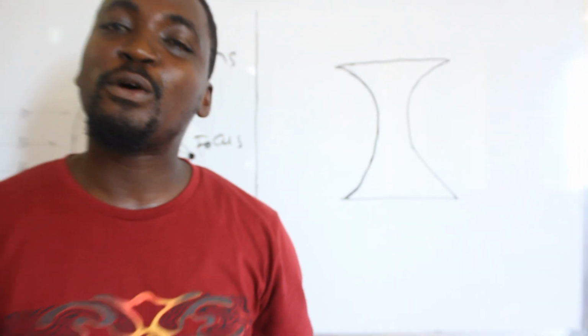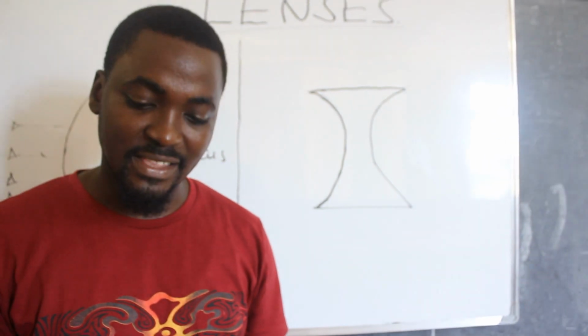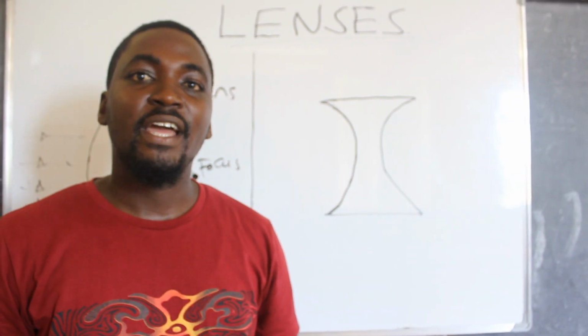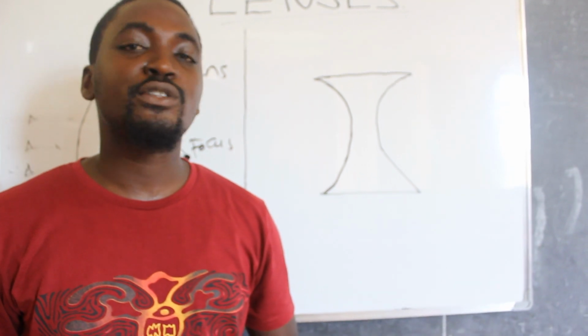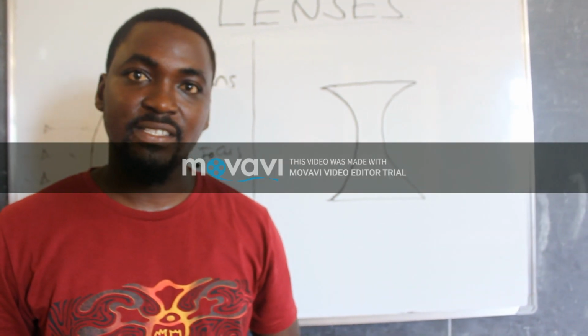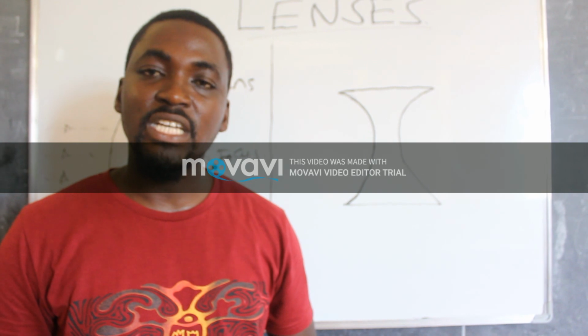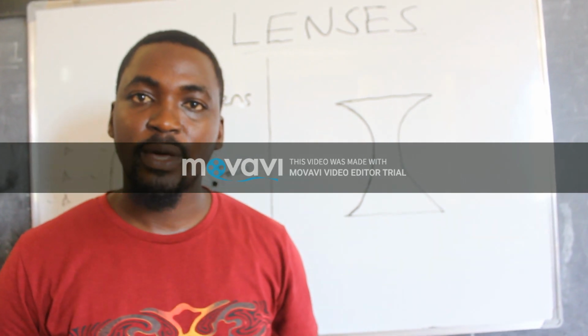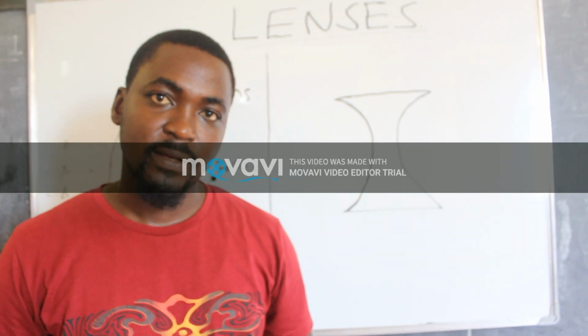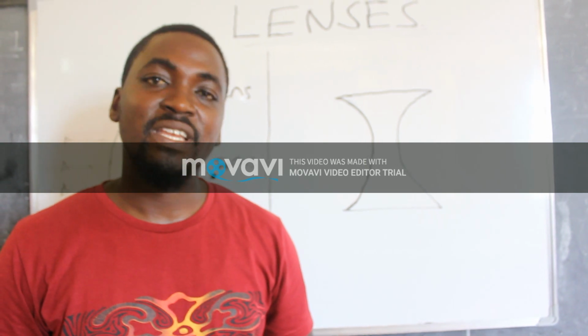So the image looks much bigger than the normal size, because this is the function of the convex lens. The convex lens is used in many scientific devices, such as a microscope, spectacles, and the telescope, and other things that need to magnify things.